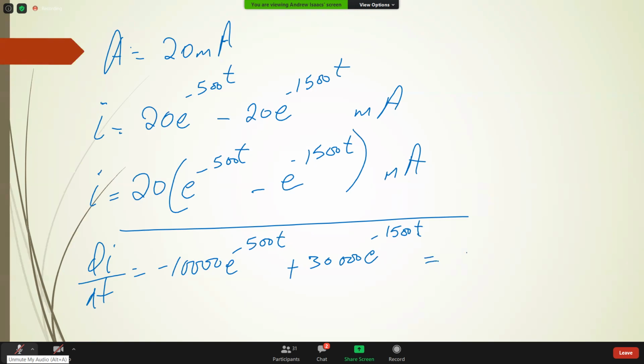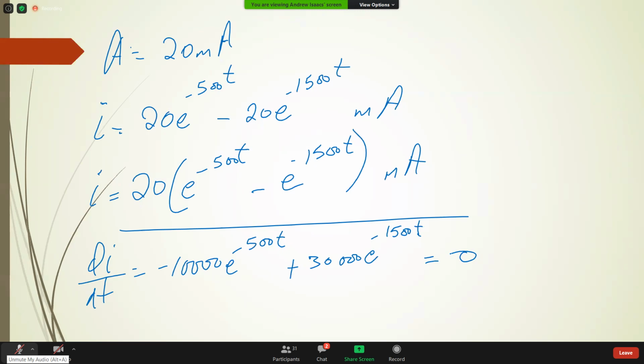And we set that equal to 0. Because we had multiplied both of them by the 20, I'm just going to take out the 20 and make life a little simpler.